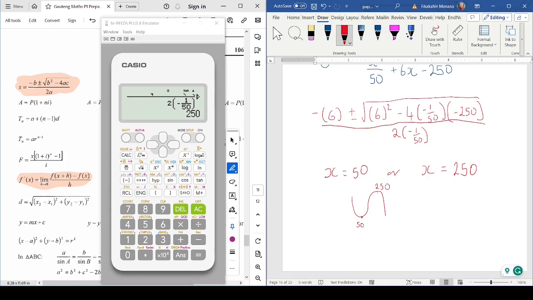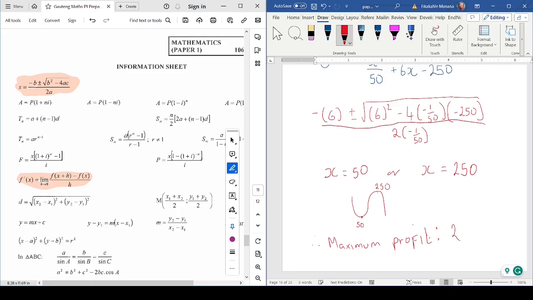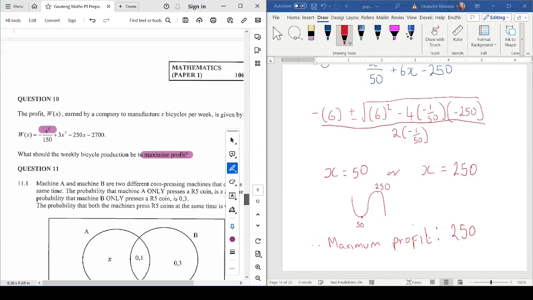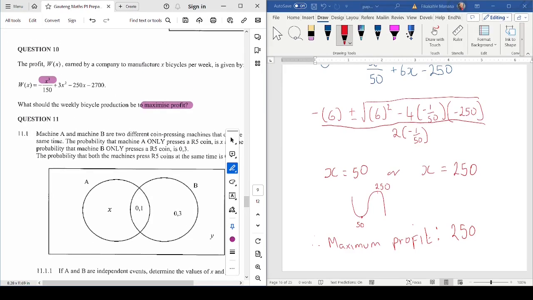Okay, cool. So then we can conclude and say, therefore, our maximum profit is at 250. Now I need to go back to the question to see what they were talking about.